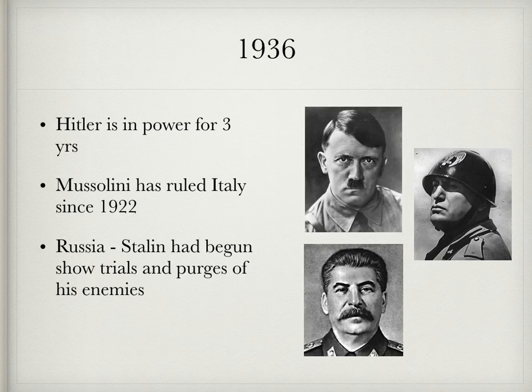Anyone he felt was his political enemy was going to be put on these show trials, meaning they're just for show. The outcomes have already been decided. We know Joseph Stalin is a very paranoid ruler, so anyone he believed was against him, he was going to eliminate. So those are going to be the three major countries that get involved in the Spanish Civil War.